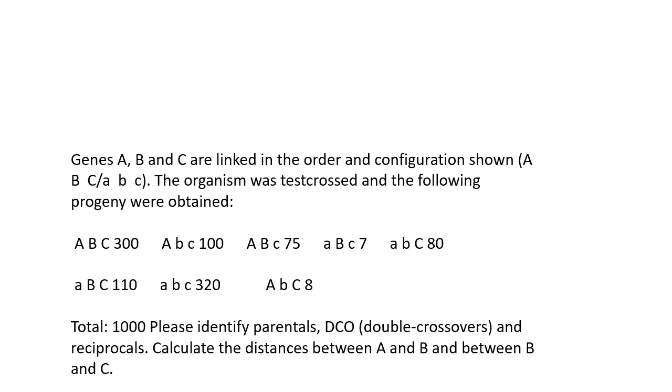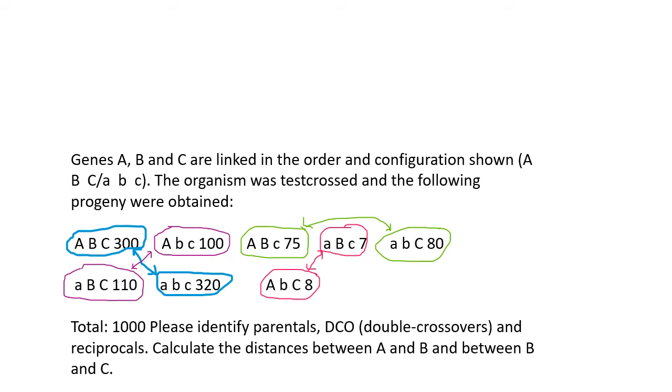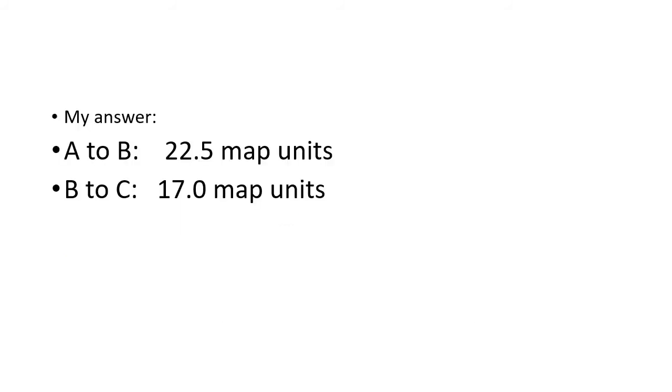So those are single crossovers between A and B. The big A, big B, little c, and the little a, little b, big C is a reciprocal, and they're similar in number, as diagrammed. All right, so I've simply circled the reciprocals so that we know what's who, and then it's a simple matter of pairing them and doing the calculation to get the map units. So my answer is that A to B is 22.5 and B to C is 17.0 map units. So you should try this one and make sure you get the same answer.